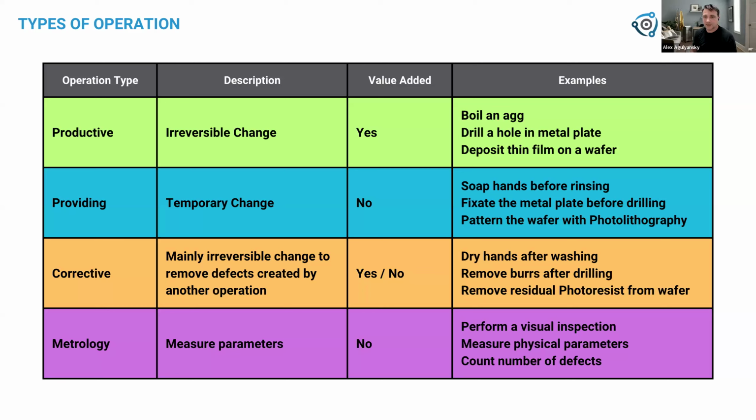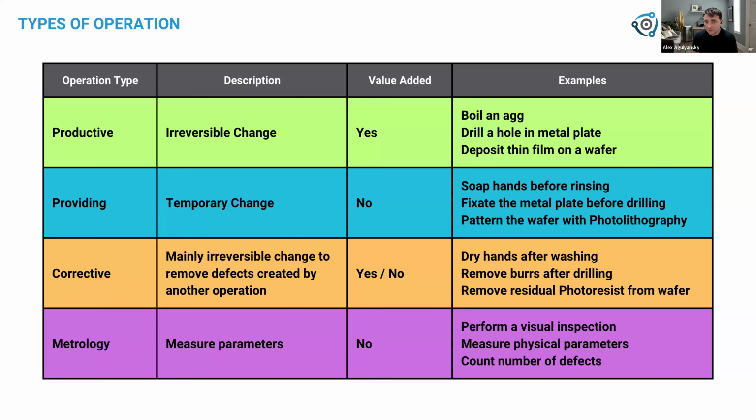Providing operations. I think the easiest thing here is the example with drilling a hole, right? So the providing operation, for example, is marking a place where you're going to drill that hole, right? So it's not adding any value to the product, right? But that mark is going to go away eventually.